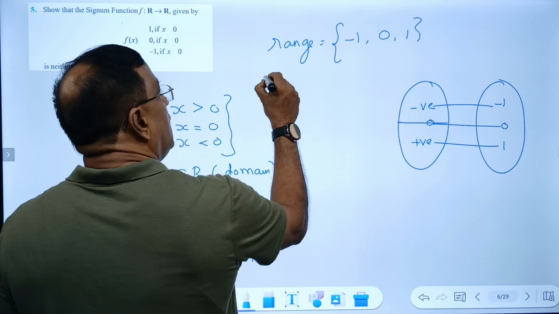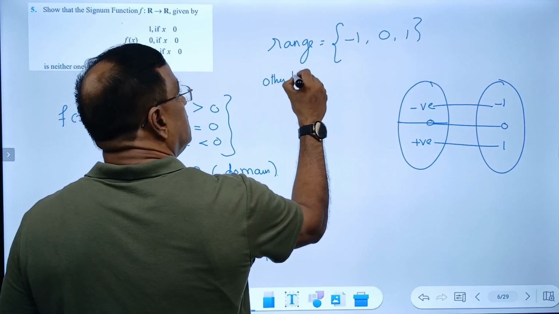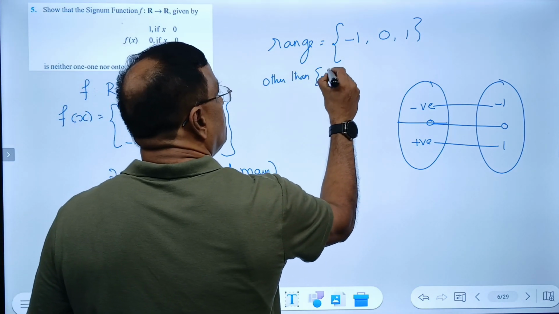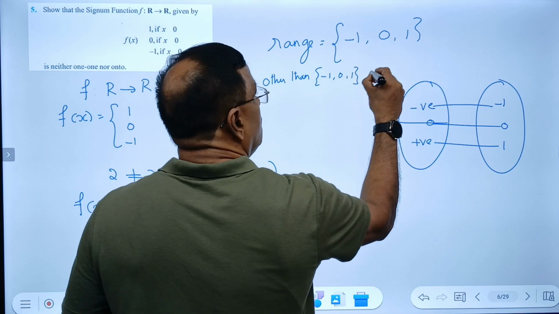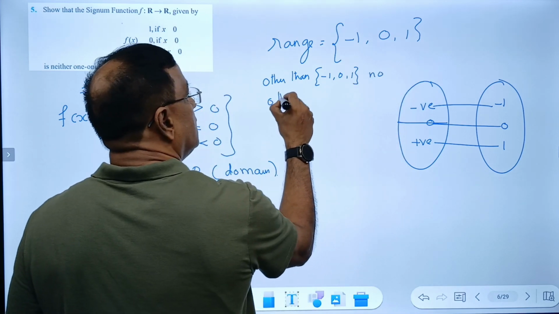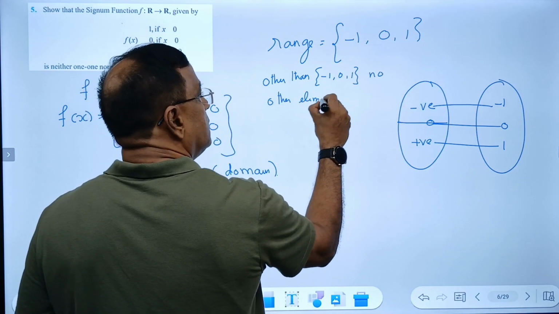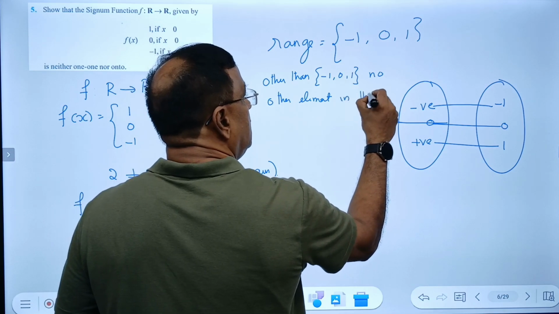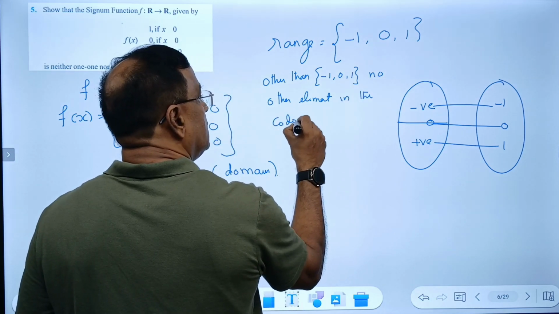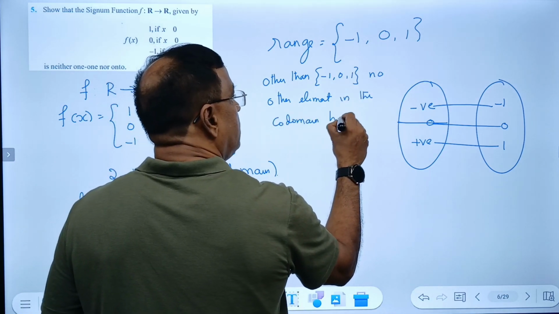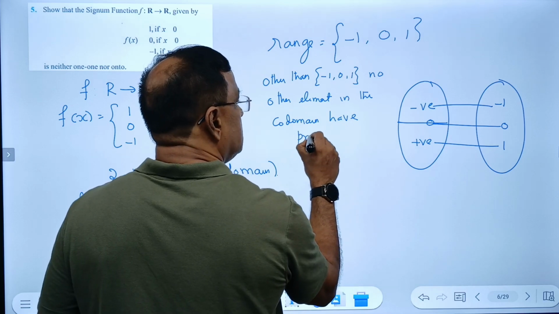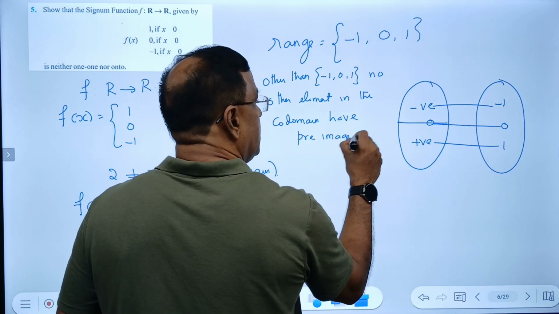Other than -1, 0, 1, no other element in the codomain has a pre-image in the domain.